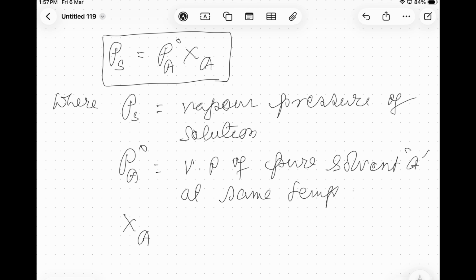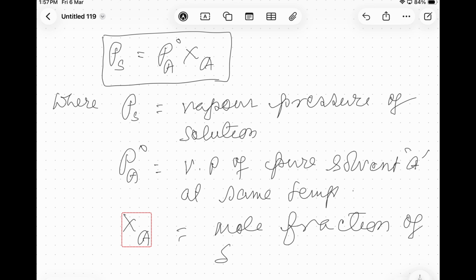XA is mole fraction of solvent, so, mole fraction of solvent A.